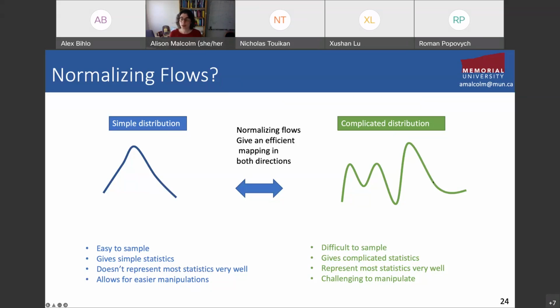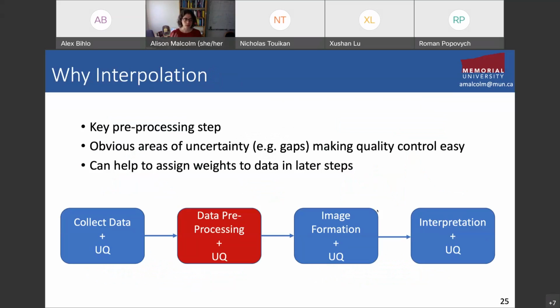Normalizing flows is also a way to make this mapping relatively quick, meaning that we hope to be able to do this at multiple stages in the seismic processing sequence, or the seismic imaging formation sequence. I think I've already told you this is the way that we're trying to move things through.